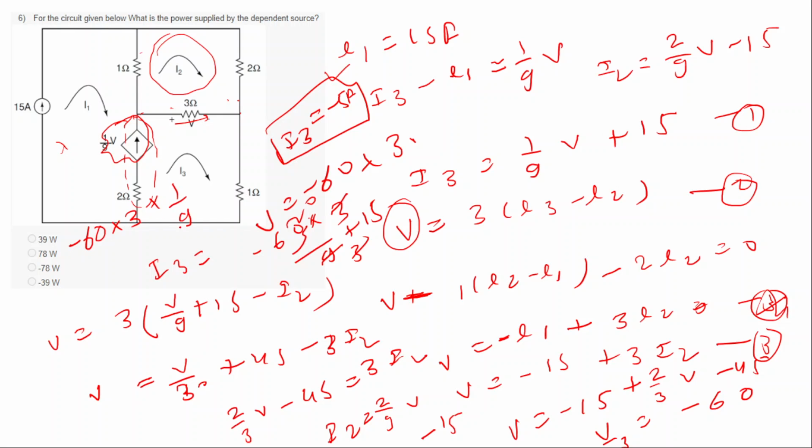So this is our current value. So it is minus 20. So it is 3 3 is 9, 3 is 20, so minus 20 milliampere. So this direction of current is negative, so it will be flowing in this direction. Okay, so now let's see, minus 20 ampere is flowing in this direction.